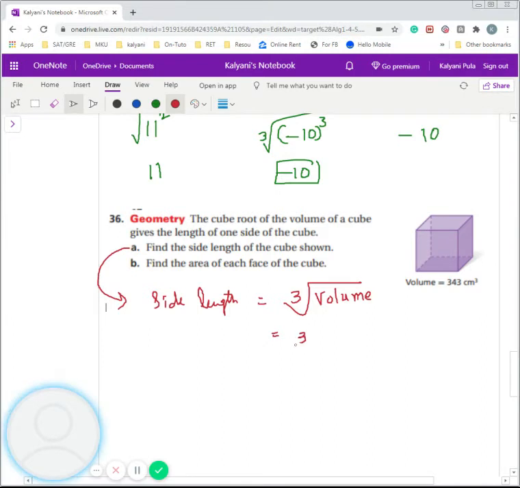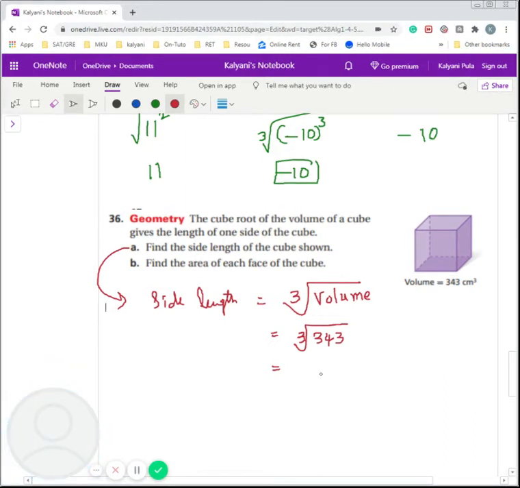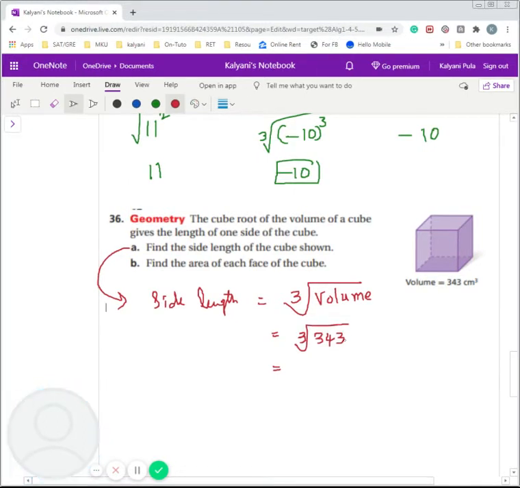All you have to do is take the cube root of 343. You need to break 343 down into 3 same numbers, the same number multiplied repeatedly 3 times. What number cubed is 343?